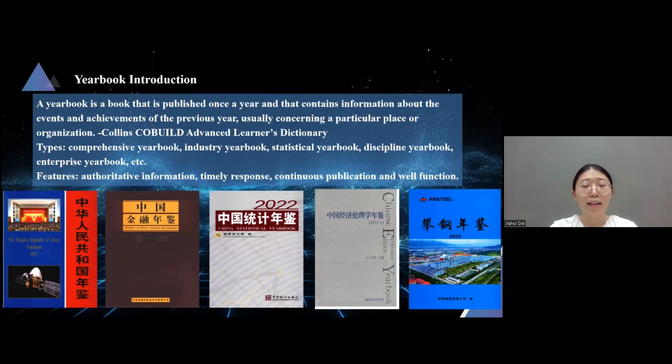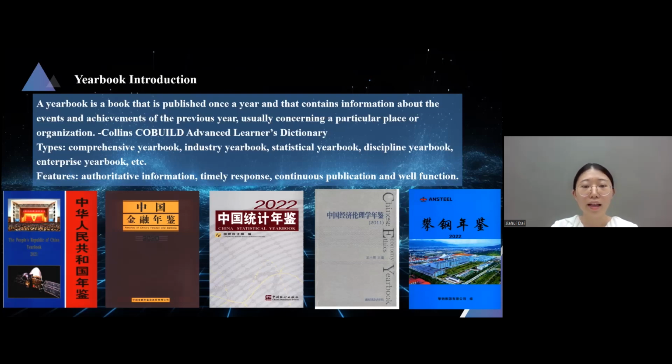It systematically reflects the general situation of enterprise development. For example, the Pangang yearbook below records the production, operation, and development of Pangang Group Company in detail in the past year.